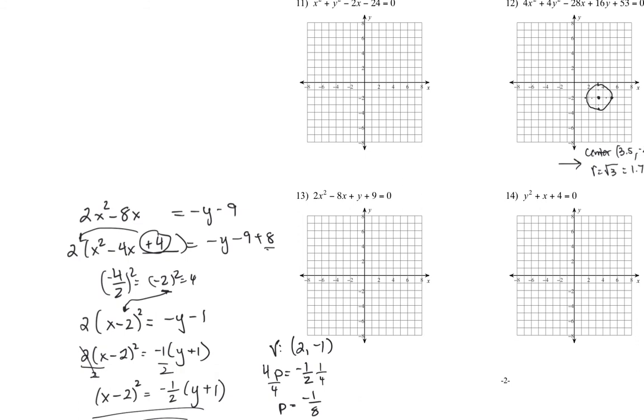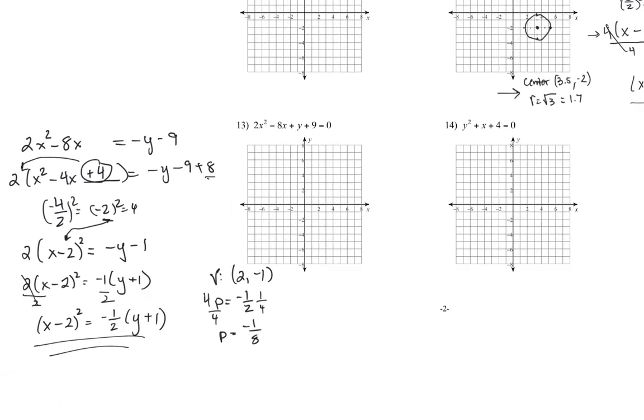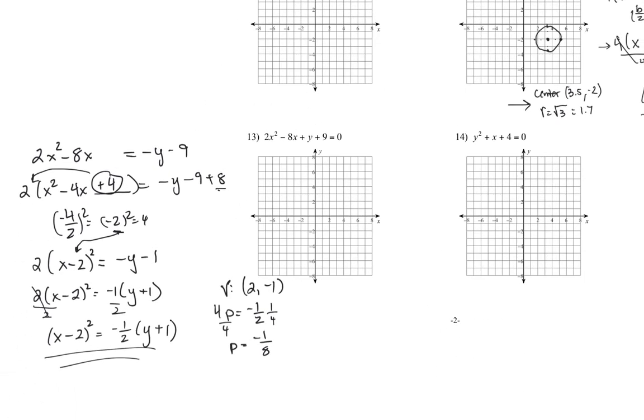So the next part here, what we're going to do is write down the orientation. Did it say to list anything? Yeah, okay, so we're going to identify all the parts too. So this graph is opening down. We know that p is negative, and it's an x squared. So by noticing this scenario and the fact that there's a negative involved, that's what's telling me it's going to be opening down. So let's go ahead and plot those points.